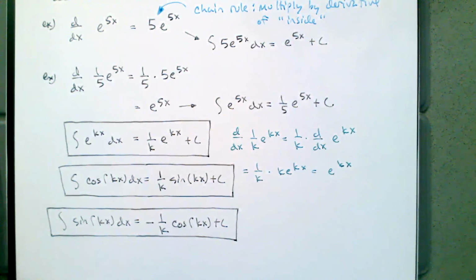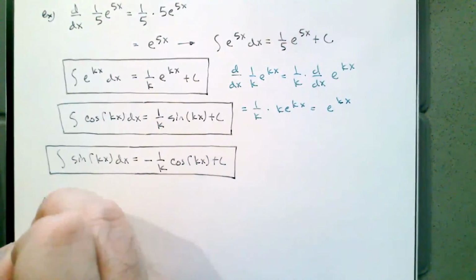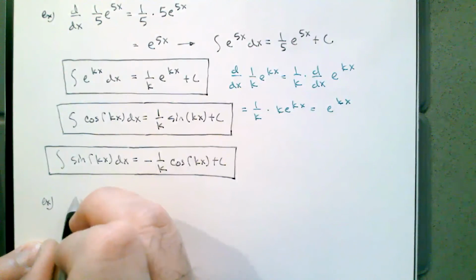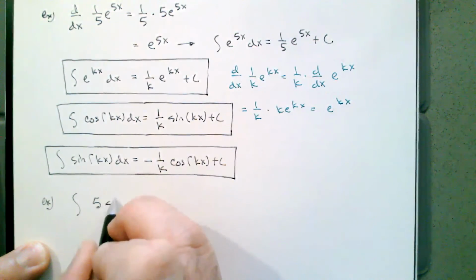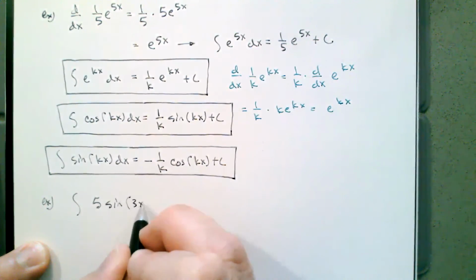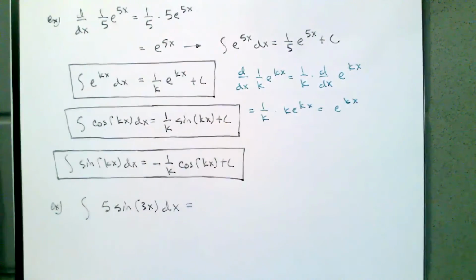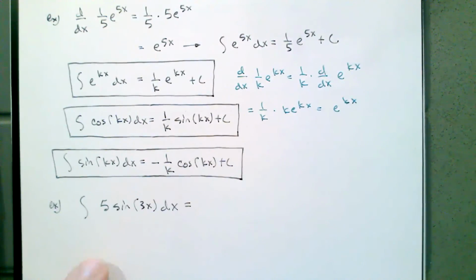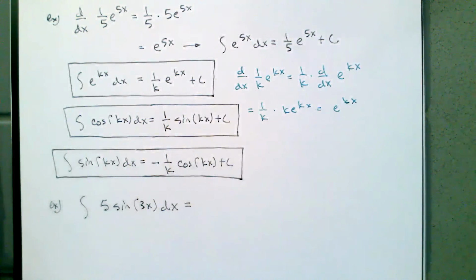So, for example, if we wanted to find the integral of 5 times the sine of 3x dx. In this example, 5 is a constant multiple, or a constant factor, and 3 is going to be the k from our equation above.